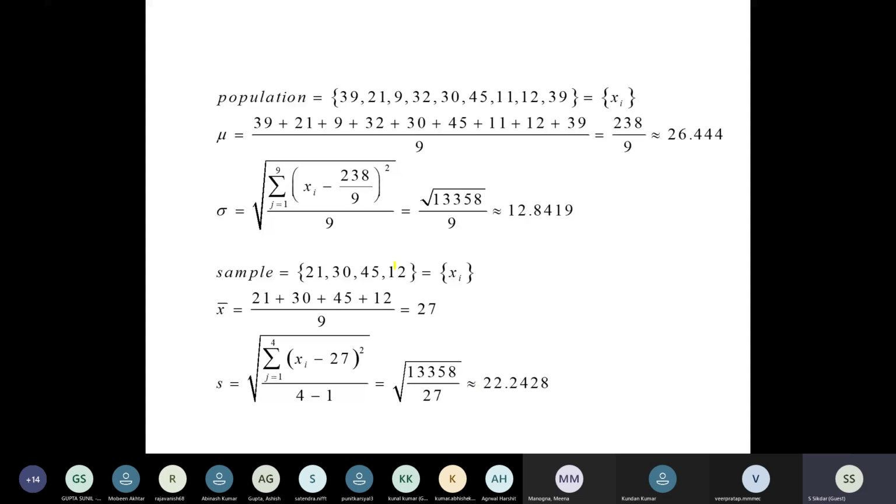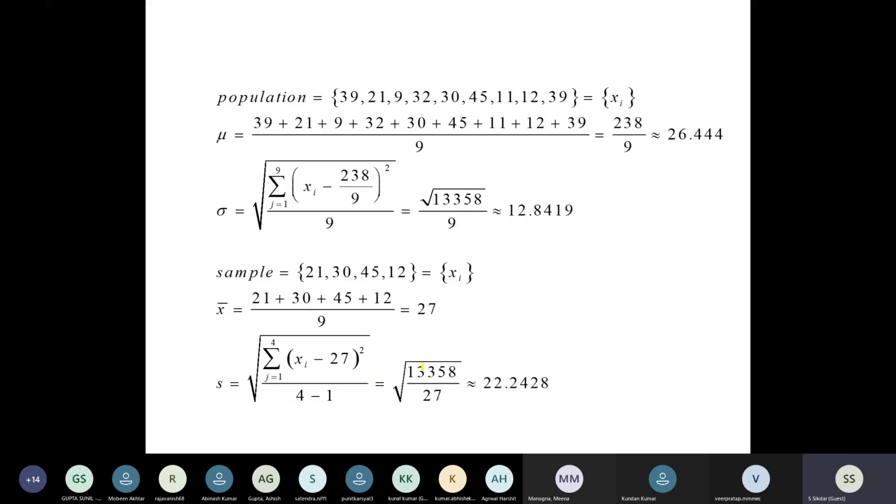Now, instead of these 4 values, if you pick some other values, let's say I pick 39, 9, 30, and let's say another 11, and if I do the calculation, I'll end up with a different sample average and a different sample standard deviation.